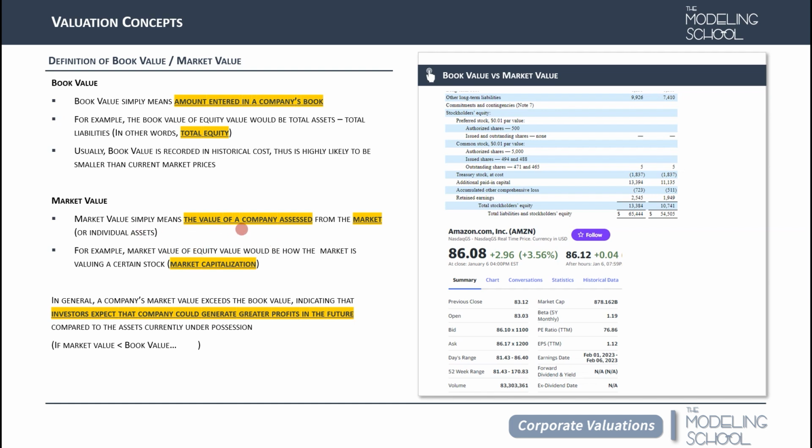A common example would be real estate. Book value is typically recorded at historical cost, which means that no matter the actual changes in the prices in the market, it's going to stay the same.